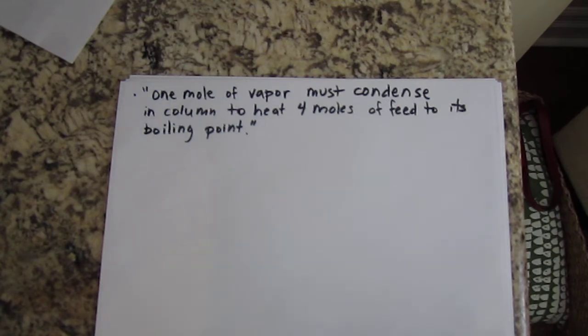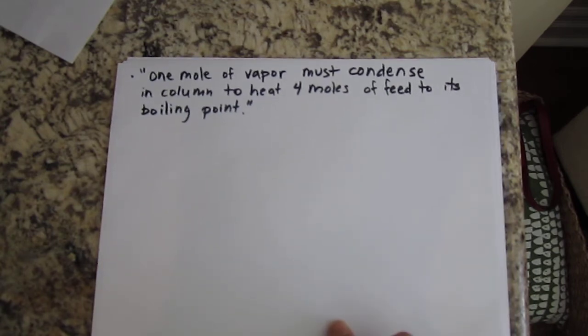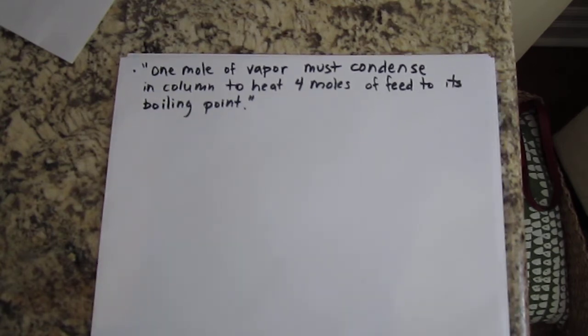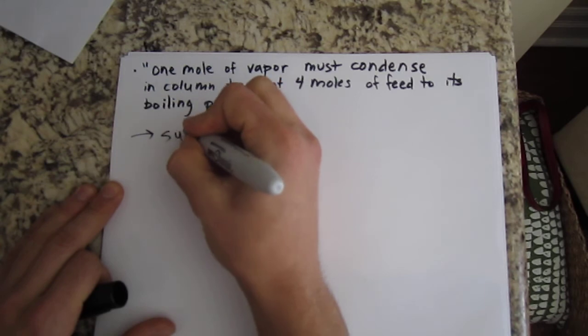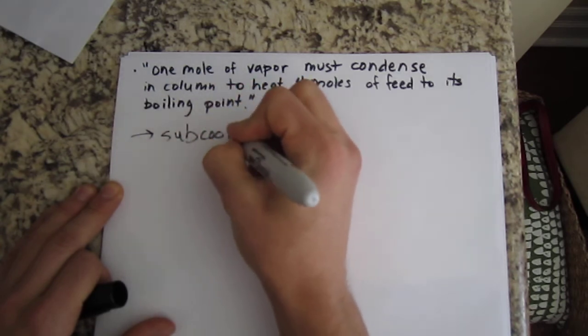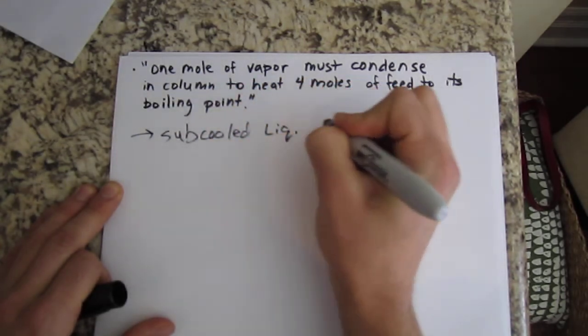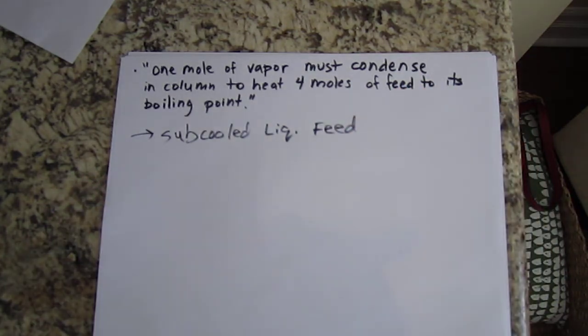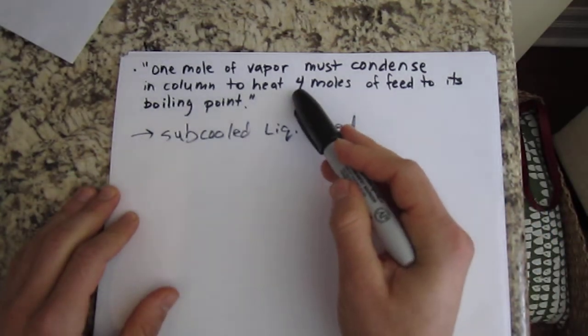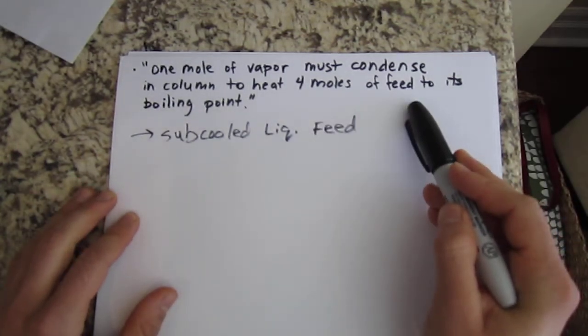And what it's saying is 1 mole of vapor must condense in a column to heat 4 moles of feed to its boiling point. So this is the opposite scenario. So you see it's actually a subcooled liquid. So this is also almost a confusing way to put it, 4 moles of feed.